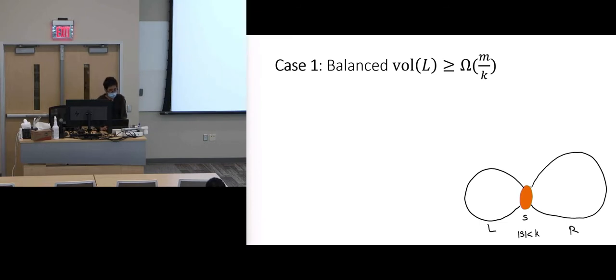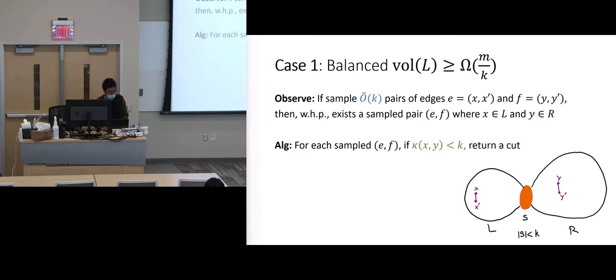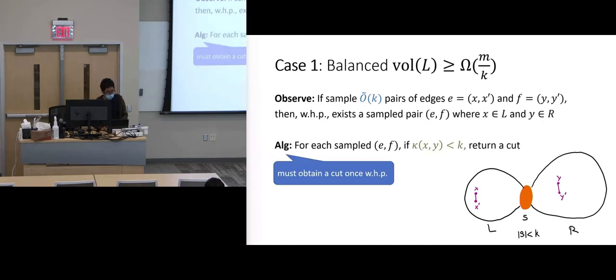Like if you have a vertex cut such that two sides are balanced like this, then if you sample k pairs of edges or k pairs of nodes proportional to its degree, then you're gonna get two nodes on the different side, and you use Ford-Fulkerson again, right?